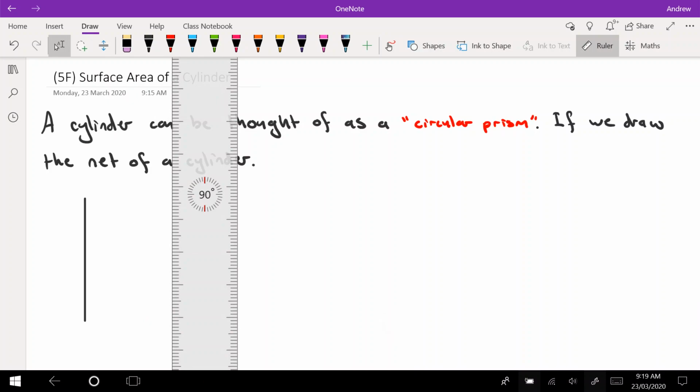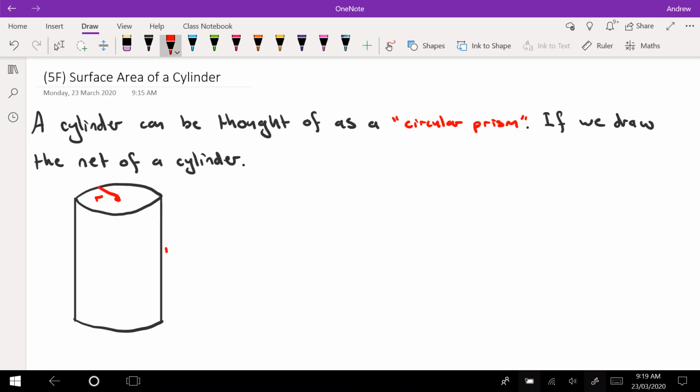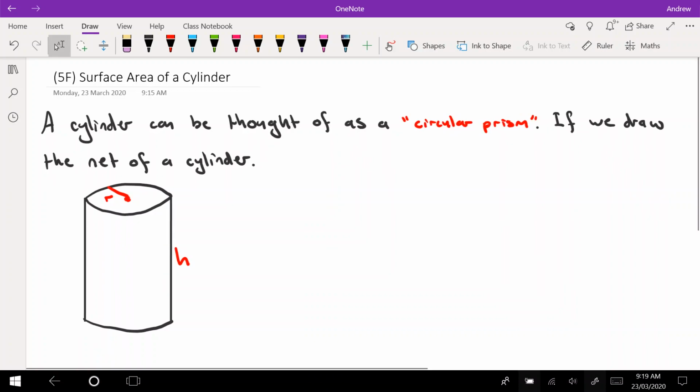I'll just draw a normal cylinder to start off with. Okay, so a cylinder will have a radius in its circular cross-section, and it will also have a height. That's really the only information we are ever told with a cylinder, and it's all we really ever need.